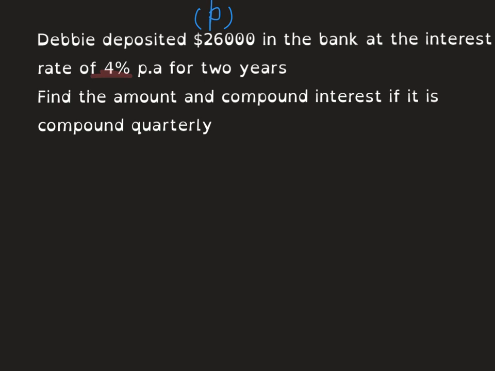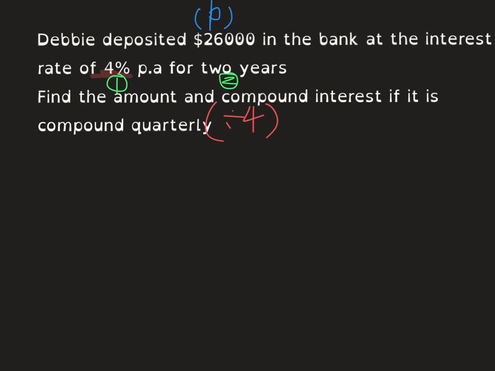That means you need to find two things: one is the amount and the second one is the compound interest. If it is compounded quarterly, you need to divide by 4, so I will write divide by 4 for quarterly to remind myself.